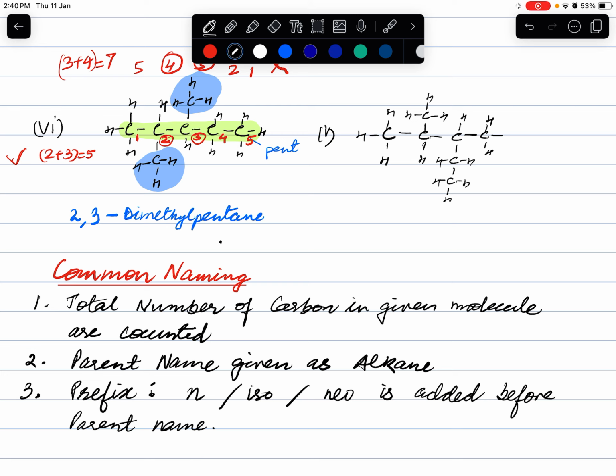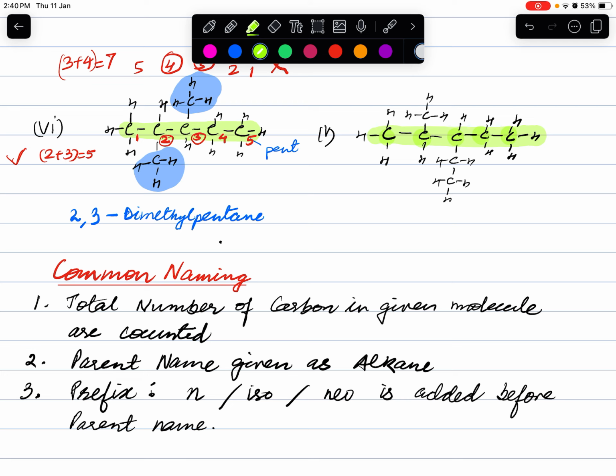So, for example, we are having one more carbon, with hydrogens. Okay, fine. So, the longest chain in this case is this carbon chain. And how many carbon atoms are there in this case? 1, 2, 3, 4, 5 carbon atom. Okay. Again, parent name is pentane.